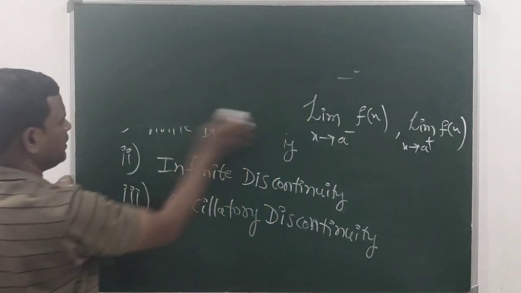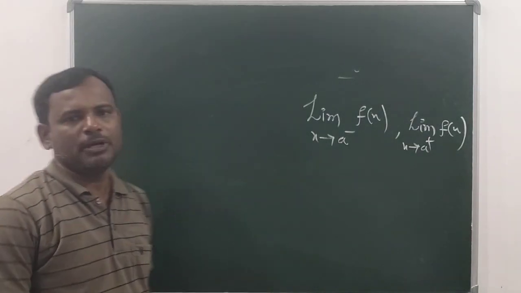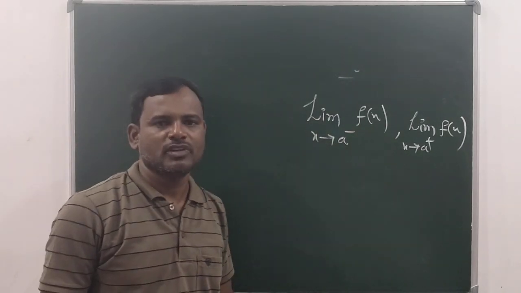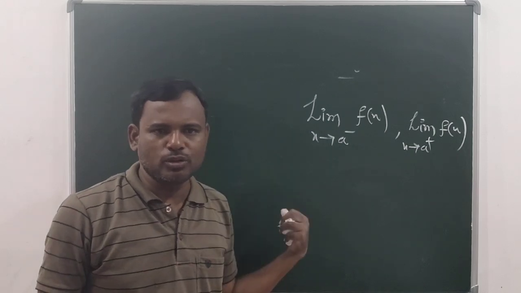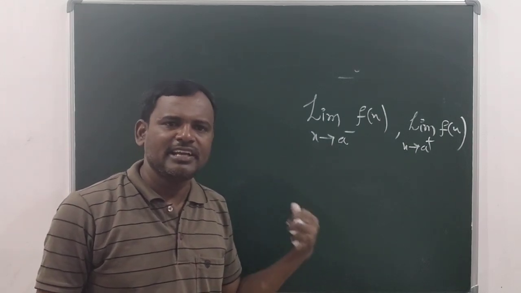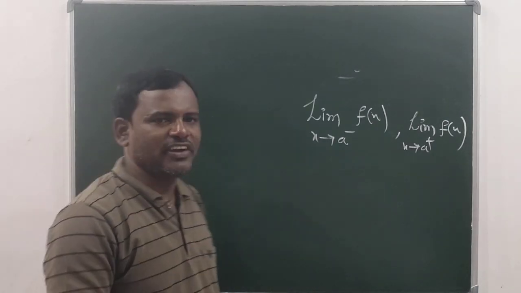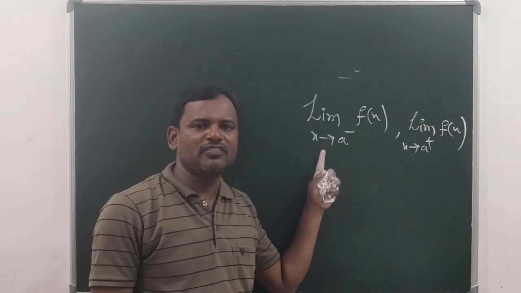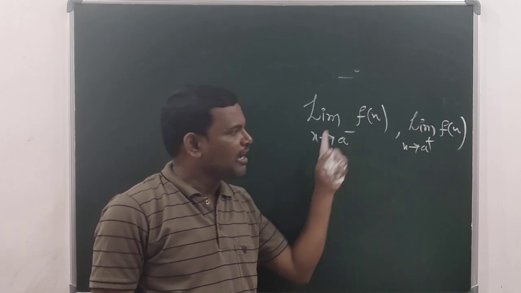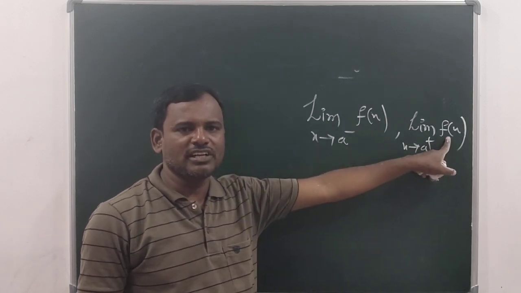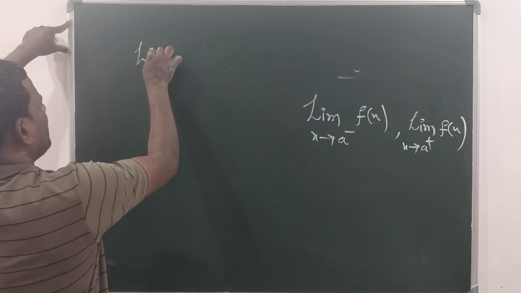In this finite discontinuity, the left hand limit and right hand limit both should be defined. Under this irremovable discontinuity, there are three types: finite, infinite, oscillatory. In the finite discontinuity, the left hand limit of the function at a is defined and the right hand limit of this function at a is defined, but both are not equal.